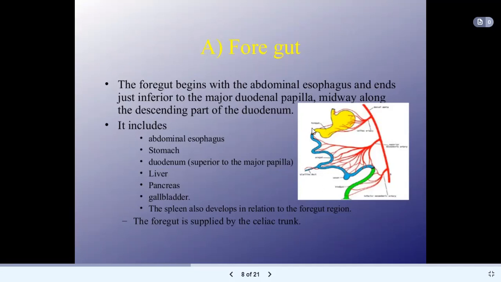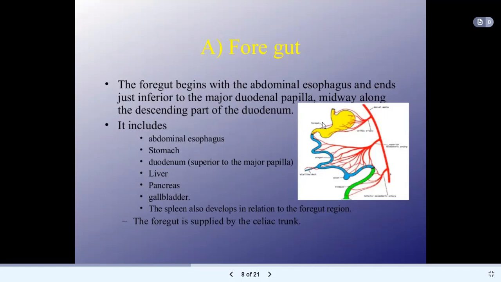And after that, you have the first part of the small intestine, which is the duodenum. So in this picture, you can only see the ending part of the esophagus, the stomach, and then the first part of the small intestine, which is called the duodenum. So these make up the foregut.